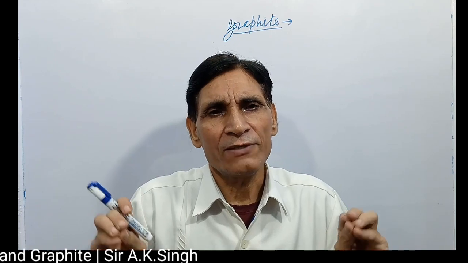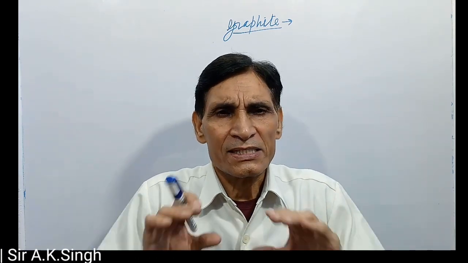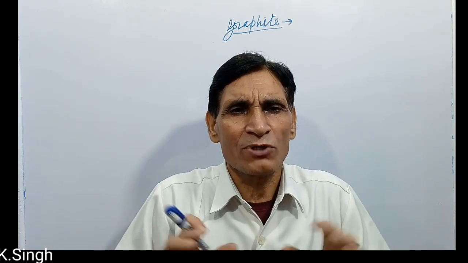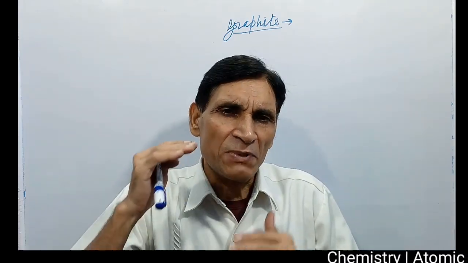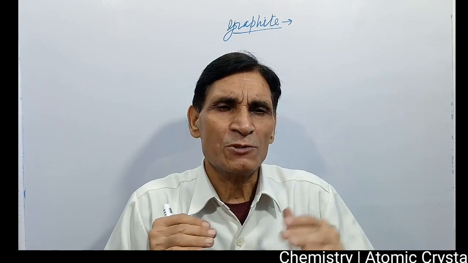This is why graphite has the property of conductivity. Now these sheets or layers containing hexagonal rings are separated from each other by a space. That space is about 335 to 340 picometer between the layers.